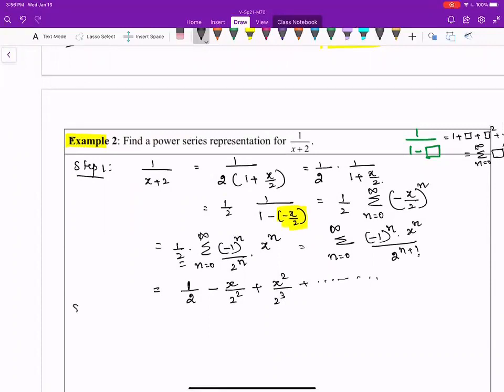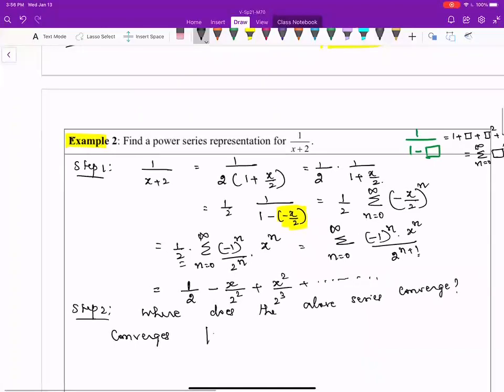So where does this series converge? As the series that we have got is a geometric series, it converges when the absolute value of the common ratio is less than 1.